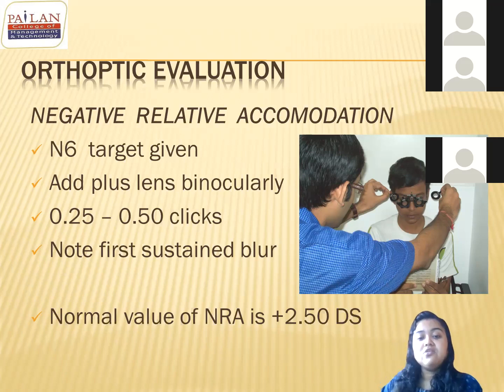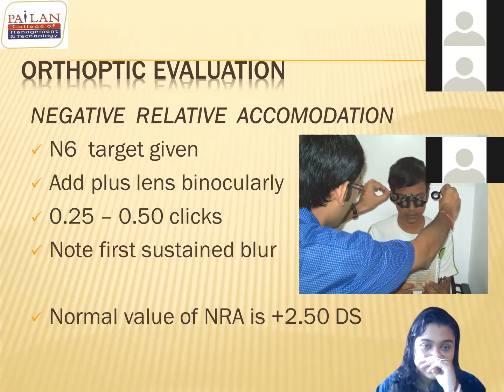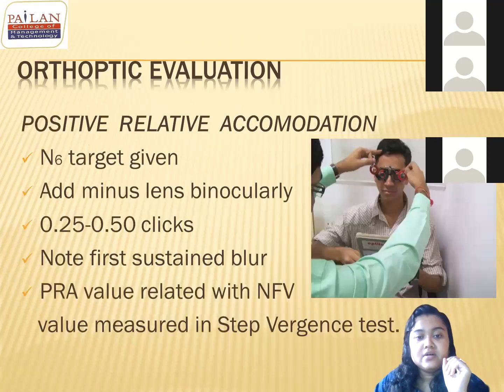So an NRA value of plus 2.5 is the normal value of NRA that the patient should have. First you should relax the accommodation and measure the NRA, then you measure the positive relative accommodation.